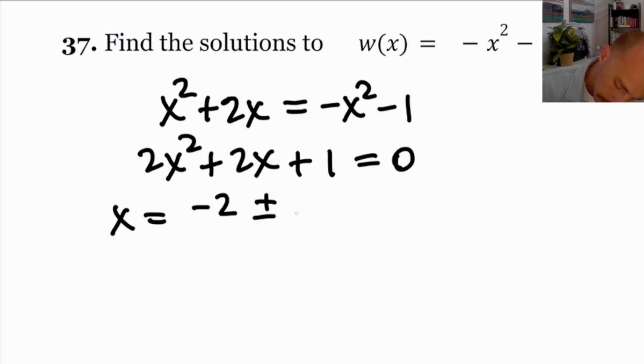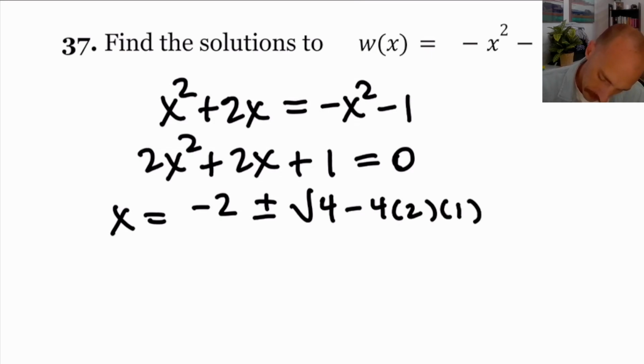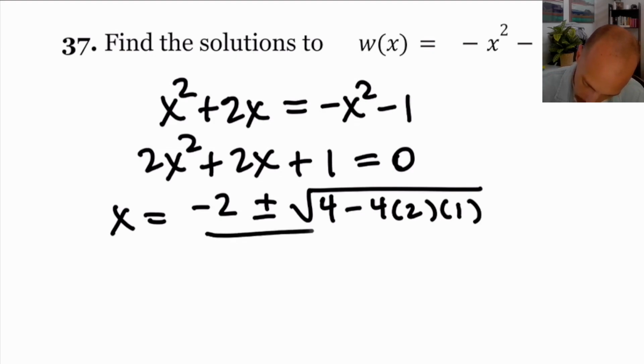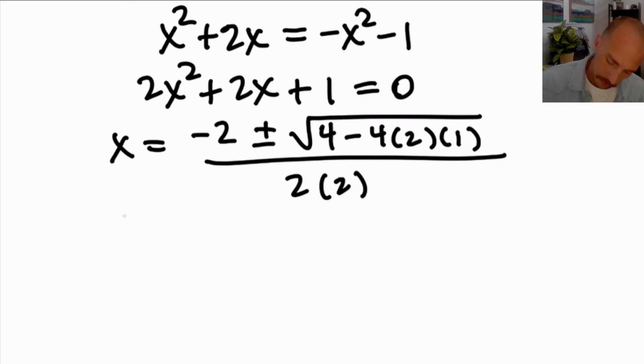Negative b plus or minus the square root of b squared minus 4ac, all over 2a. And I've got x equals -2/4 plus or minus.